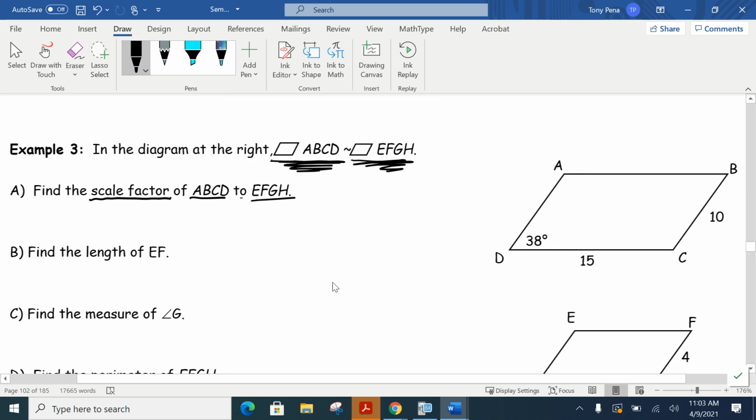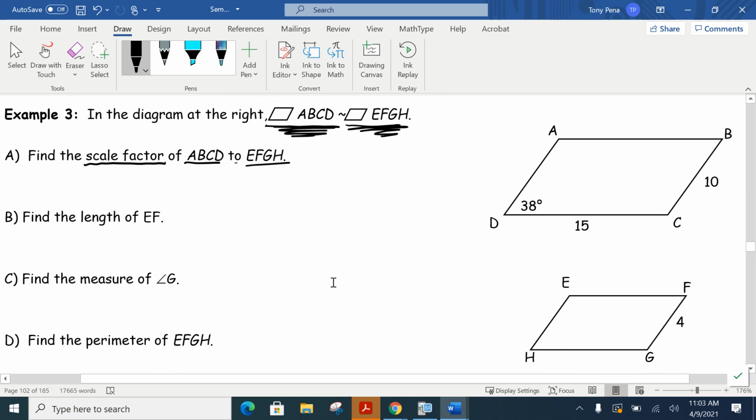This we've done a number of times. This was on our homework the other night as well. What's our scale factor? What's the ratio from the big one when we compare it to the small one?